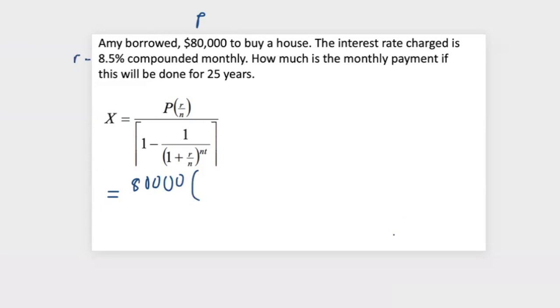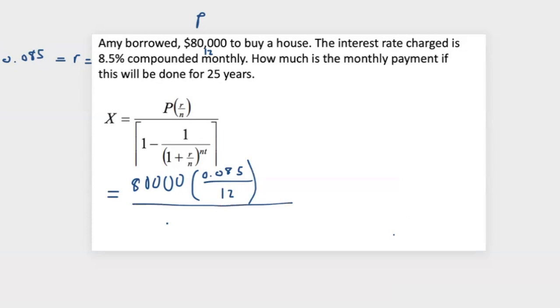R is 8.5%, but converted to decimal, you have to divide this by 100. So R becomes 0.085. So in this case, I'll have 0.085. It is compounded, and they say monthly. Monthly is 12, so I'll have over 12.